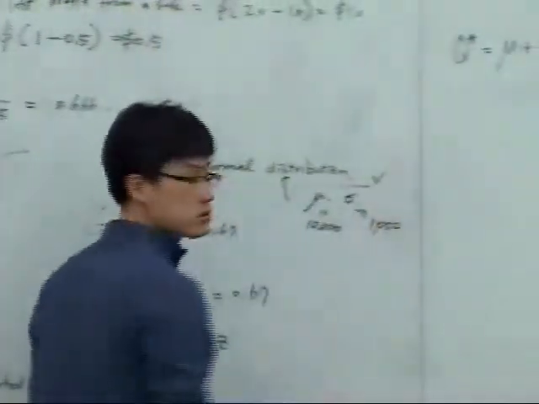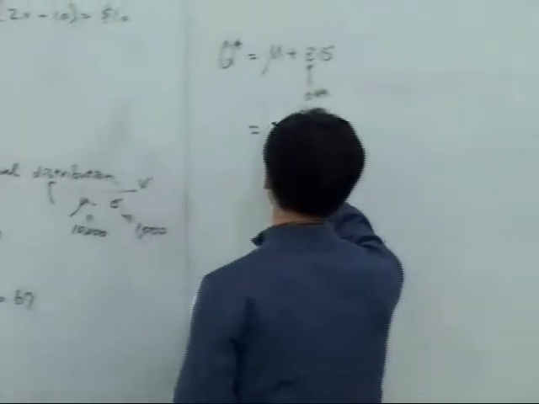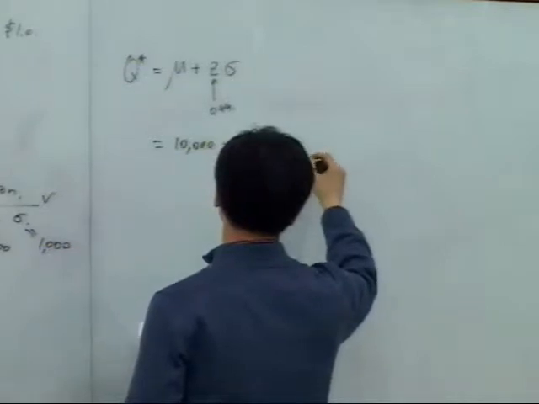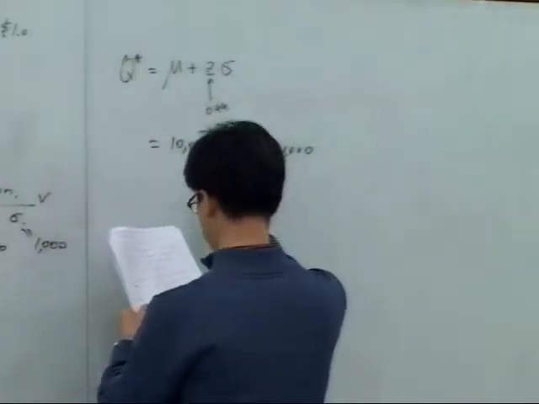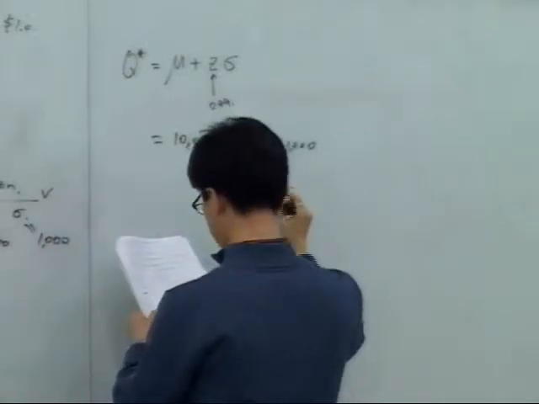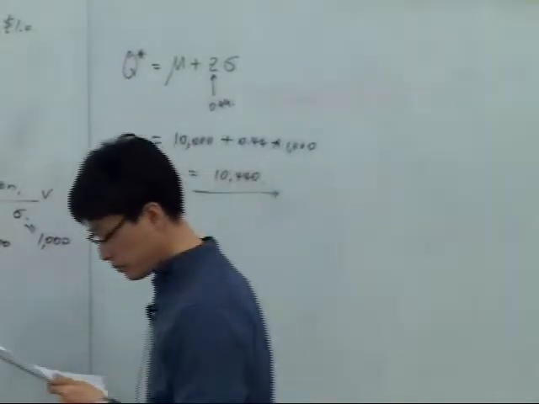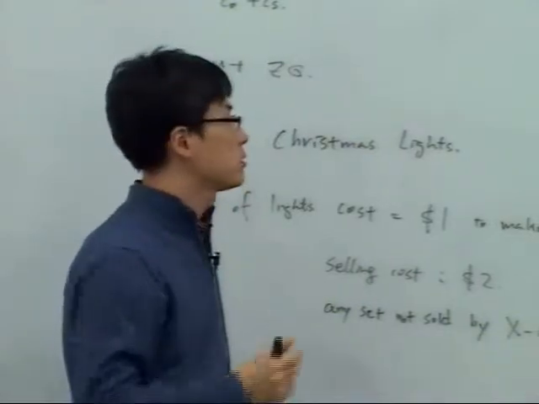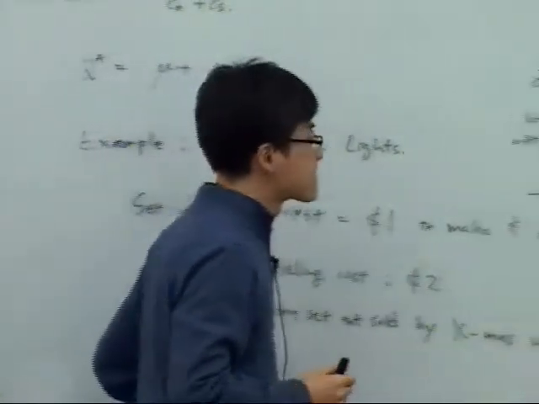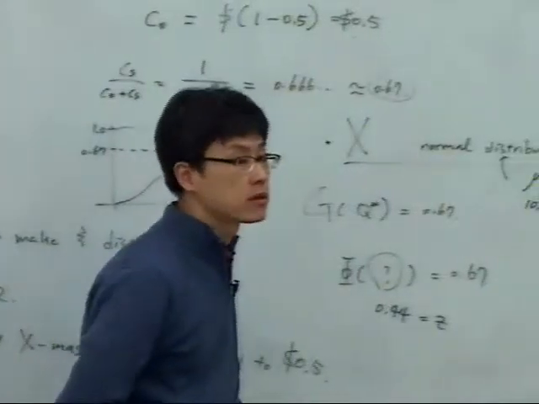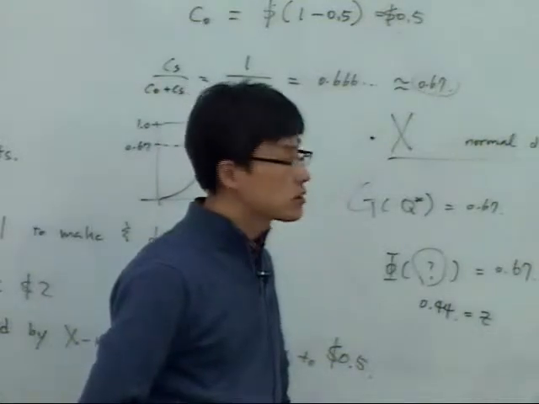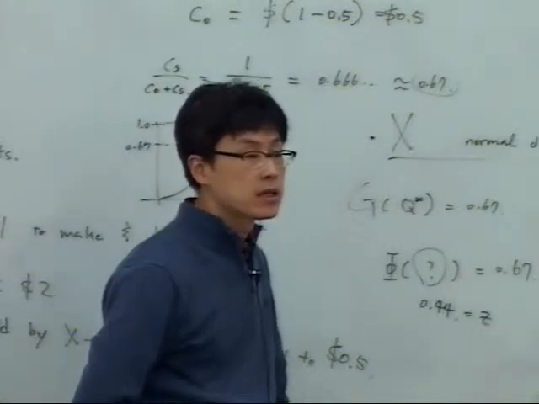If we plug that information in, then with this information, it is optimal to order 10,440 units. It's a little over the average value.